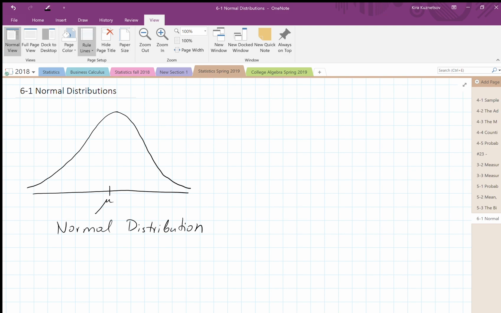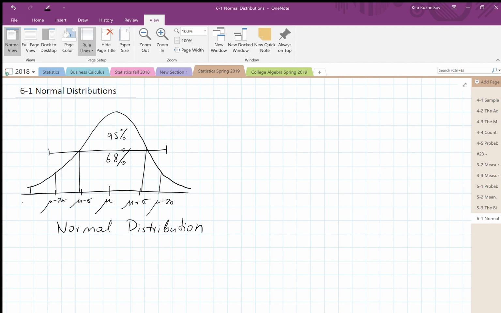Now, from the empirical rule, I actually know that if you move one standard deviation away, you will cover 68%. If you move 2 standard deviations away, you're now at 95%.